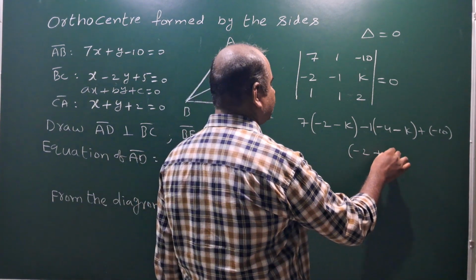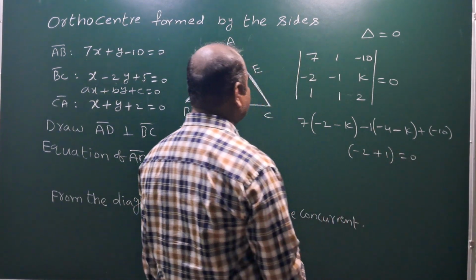Minus of minus is plus, so this is equal to 0.